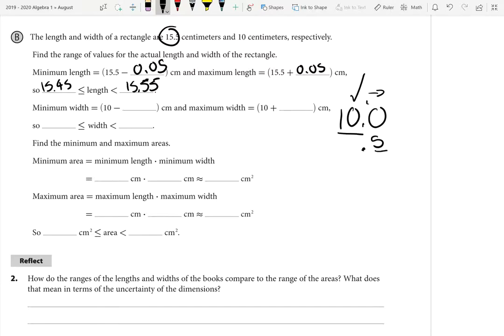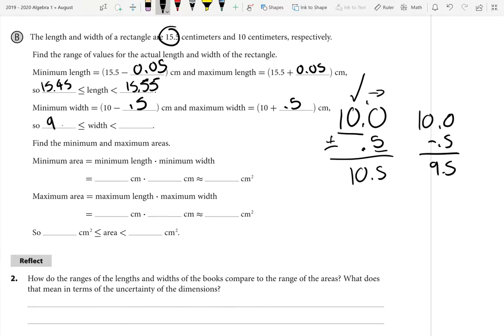That is where we'll put the 5, and that is what we'll add and subtract. So when we add the 5, we'll have 10.5, and when we subtract it, we get 9.5. So we're adding and subtracting just a regular 0.5, making our range go from 9.5 to 10.5.